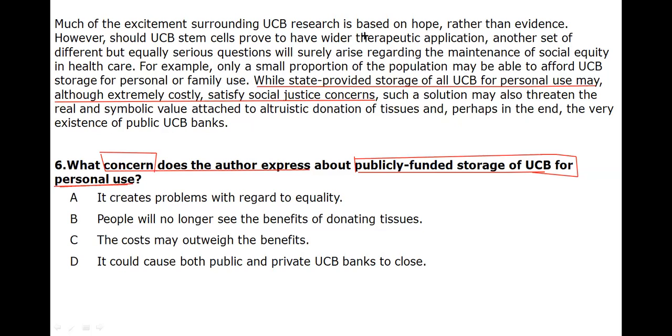The major concern for the writer is the sentence that comes after the comma, which is this. Such a solution may also threaten the real and symbolic value attached to altruistic donation and will threaten the existence. That's 2 minutes. Now we should be able to answer your question.